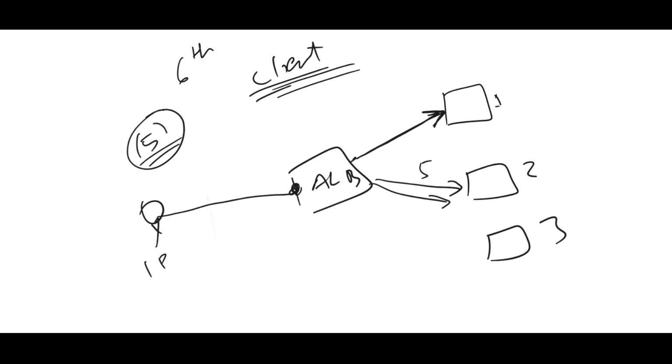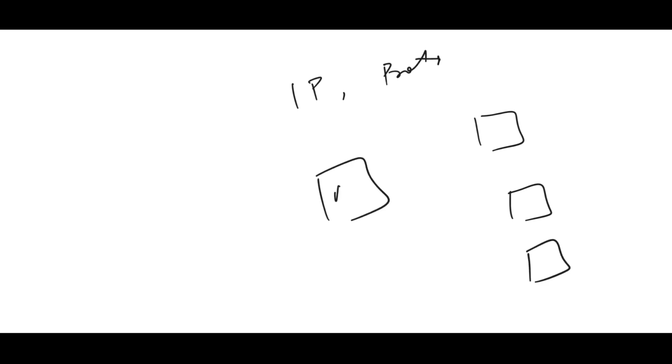And the third method we have is client IP and protocol. Similarly here we have three servers, and then we have an ALB, and this is the user. Now my ALB will remember the IP and protocol as well.